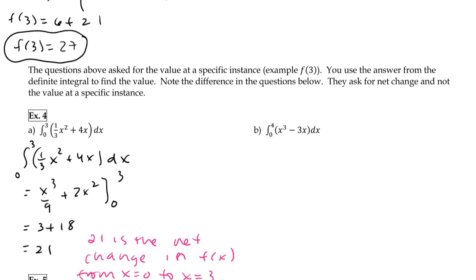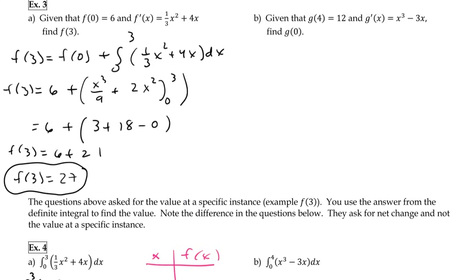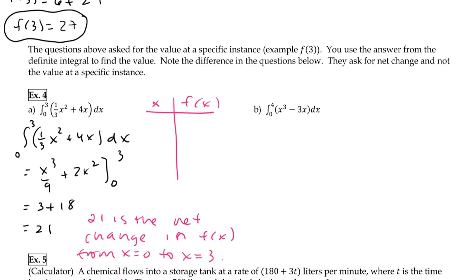Another way that might help you to understand what we just did is if I look at x and f of x, look at the information from above. They tell you at 0 you get 6, and at 3 you get 27. What is this difference here? Isn't it 21? That's your net change.